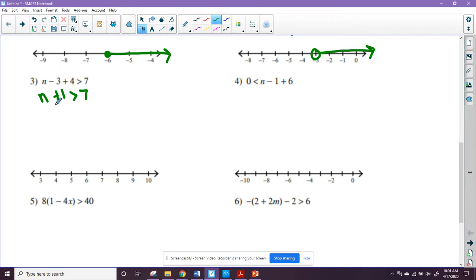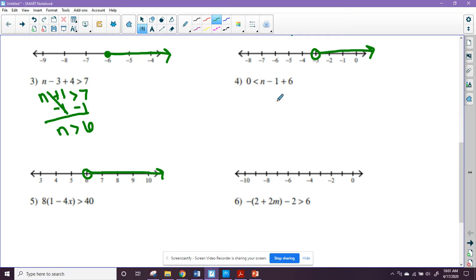We do. We have a plus 1. That's our loose number, so we have to get rid of it. So we're going to subtract 1 on both sides. So n is greater than 7 minus 1 is 6. So we go down to 6 and it's an open circle. And we're graphing to the right. Again, we're graphing to the right because our inequality symbol is pointing to the right.